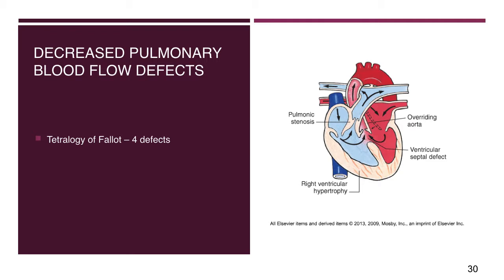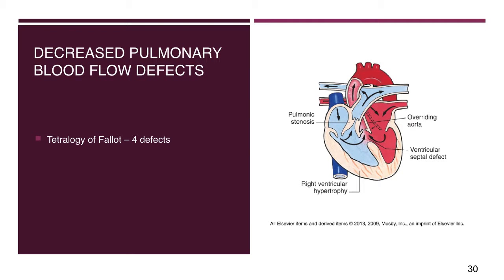Also, with decreased pulmonary blood flow defects, the primary one that we're looking at is tetralogy of Fallot, which is actually 4 defects. And those 4 defects are pulmonary stenosis, so you can see that narrowing of the pulmonary valve. We have right ventricular hypertrophy.